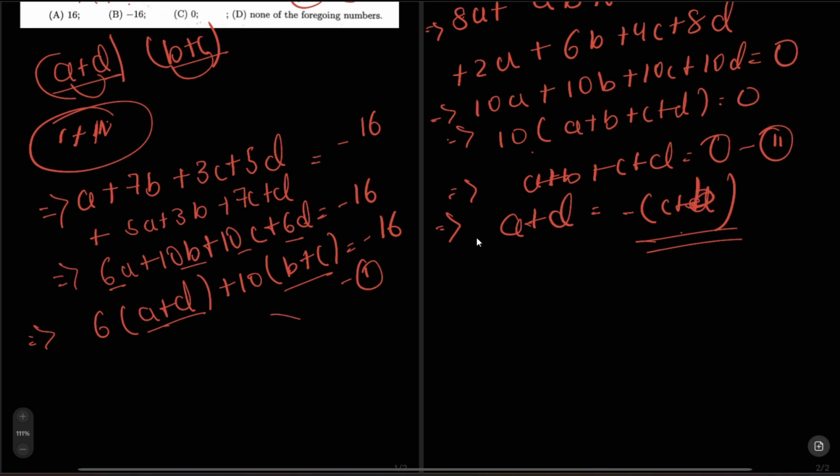Now if you put this value of a plus d in the first equation, what will happen?